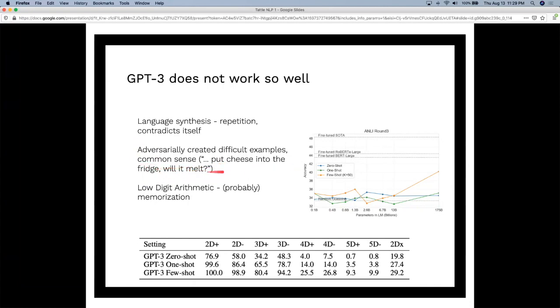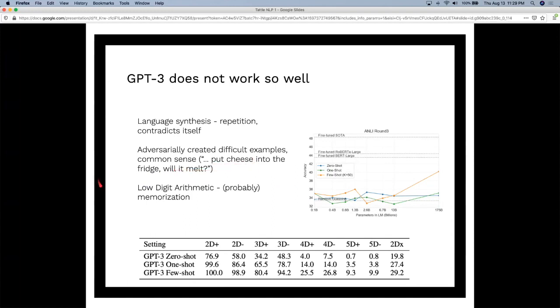It does not seem to understand. If you create these kinds of tasks and ask the model to predict something about basic physics, realities of the physical world which everyone knows, the model does not do well for whatever reason. I don't know why that's the case. I don't think they have put in a lot of effort to figure out why. There is a right way to figure this out, but I don't think there is even speculation for this.